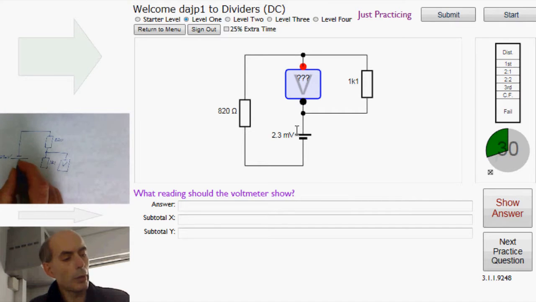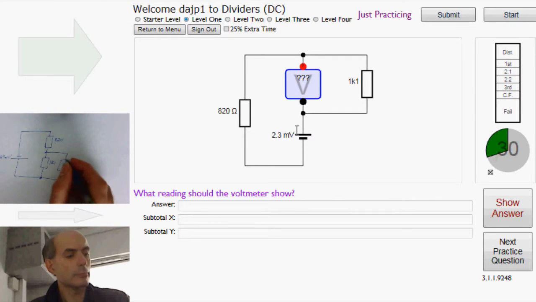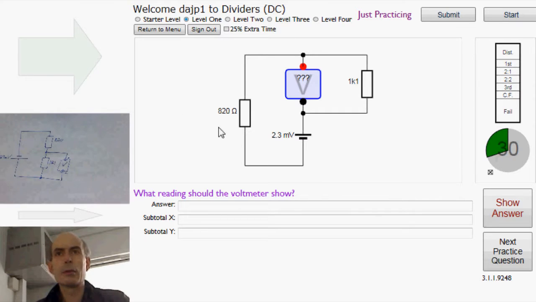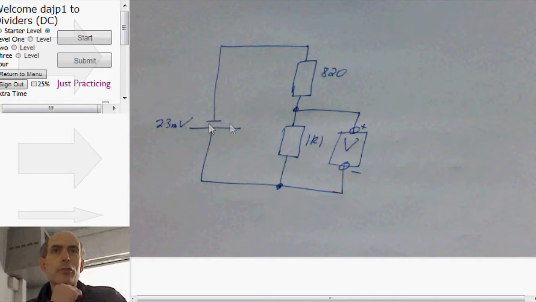Then I would end up with this. I'll just zoom that up. Don't know if you can see, but this circuit here is topologically identical to the circuit in the question. I've just drawn it in a slightly different way, but all the same components are there, connected in all the same way.